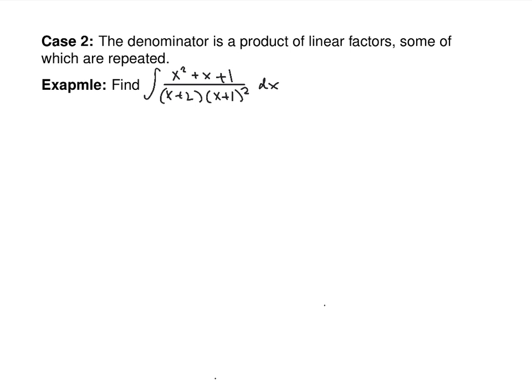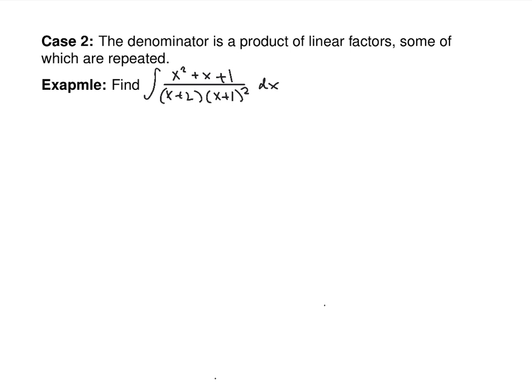Next, we are going to find a partial fraction decomposition of a fraction in which it has the denominator that's a product of linear factors, but some of them are repeated. So what I mean by that is, notice here that instead of just being x plus 1, it's x plus 1 squared. That's called a repeated factor.